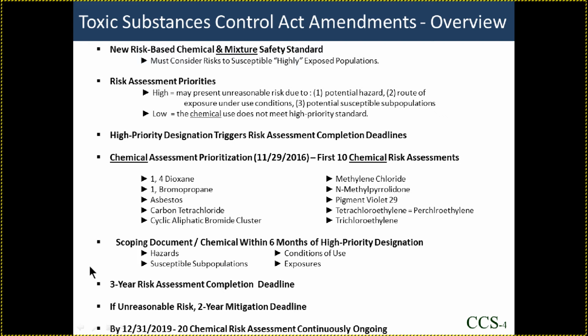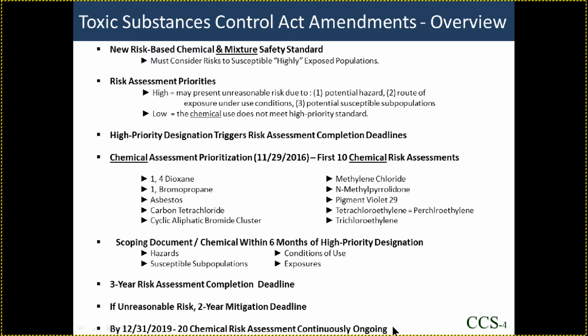There is a 3-year risk assessment completion deadline, so once they have designated a material as a potential high priority, they only have 3 years to complete the risk evaluation process. If it's an unreasonable risk, at the end of the risk evaluation, then they have 2 more years to mitigate the process of whatever they conclude in that final rule, whether it's a ban or a restriction or whatever.